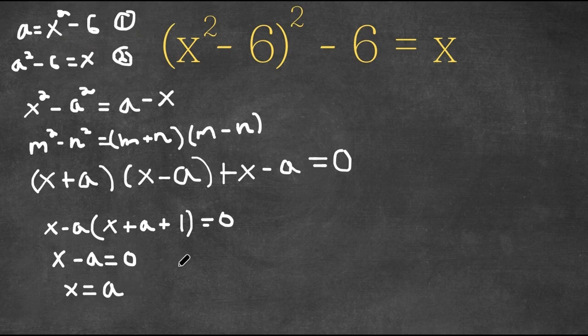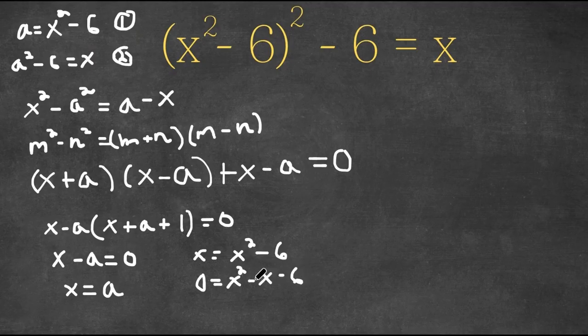And if x is equal to a, because remember, a is equal to x squared minus 6 and x equals a, that means x equals x squared minus 6. And if we subtract x on both sides, we get 0 is equal to x squared minus x minus 6.